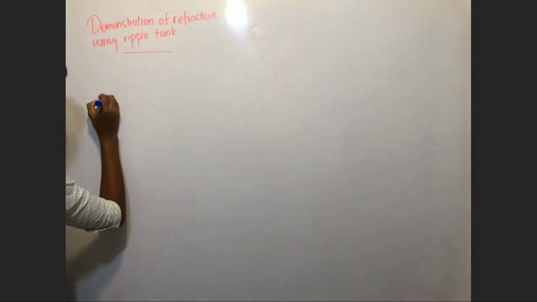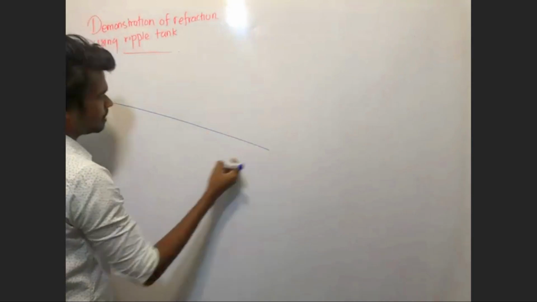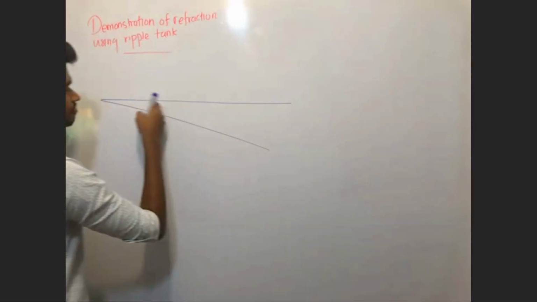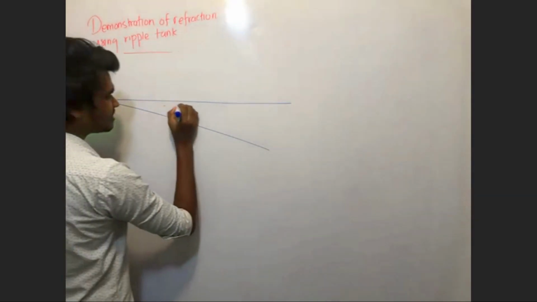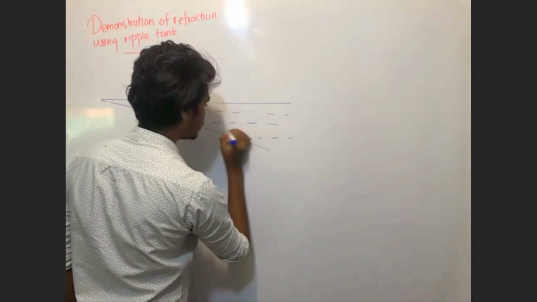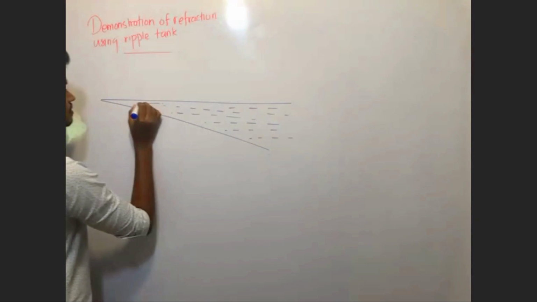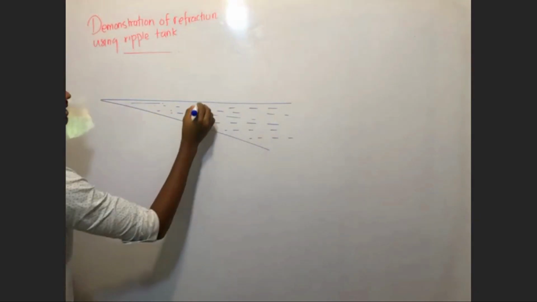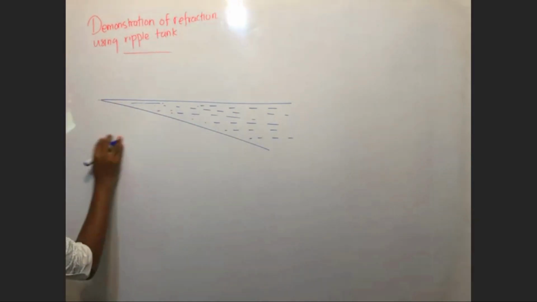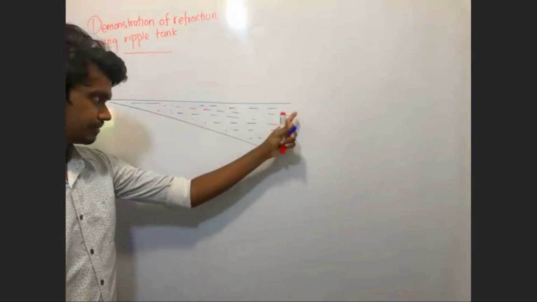Let's consider a seabed, and this is the sea, the water body. This is the land, and this is how the depth varies.